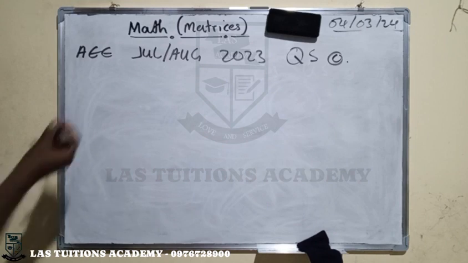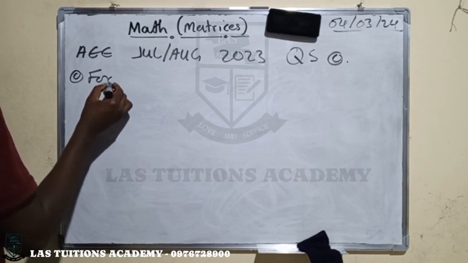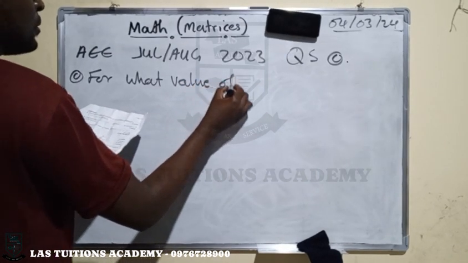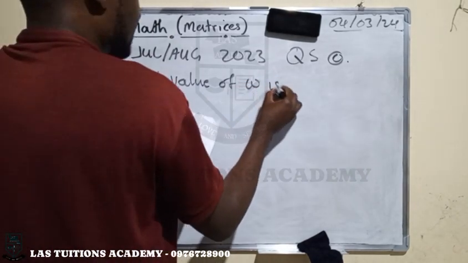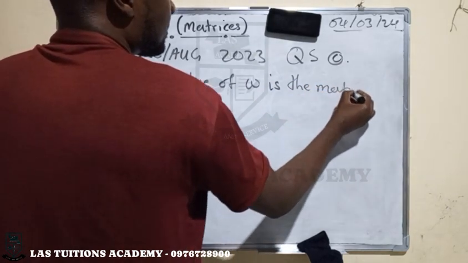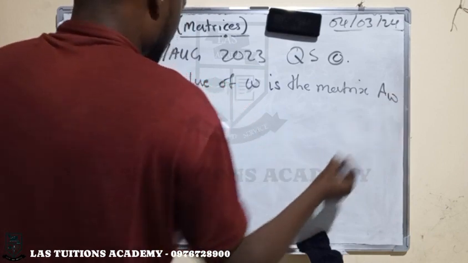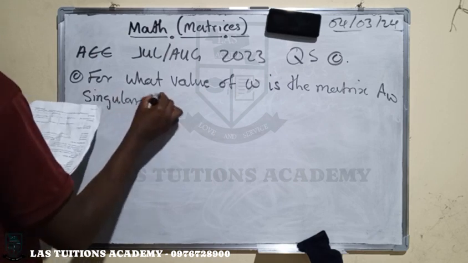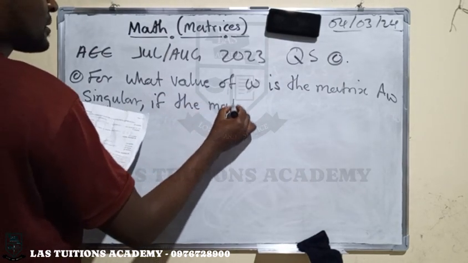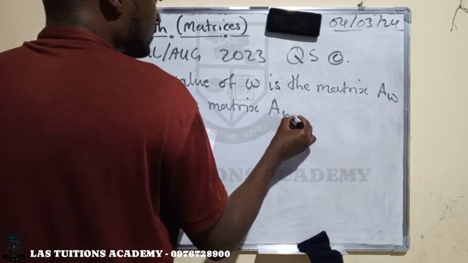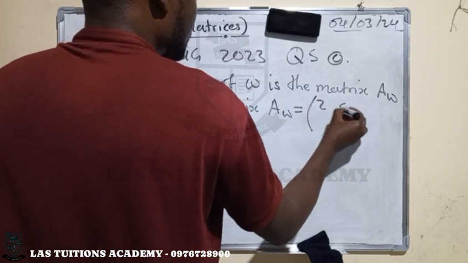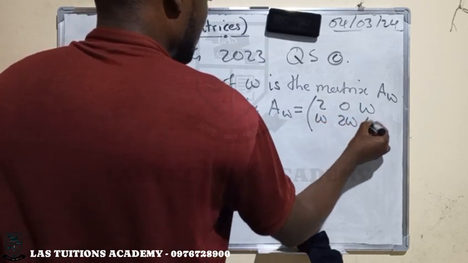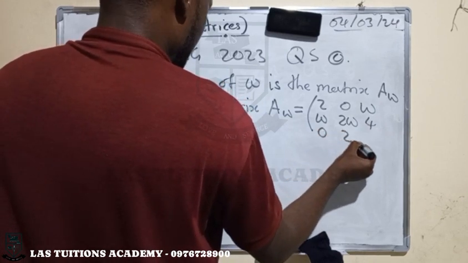Okay, so it says: for what value of this number here is the matrix singular, if the matrix A is equal to, so we have 2, 0, W, whatever this is, 2, now we have 4, a 0, a 2, and a 0 there.